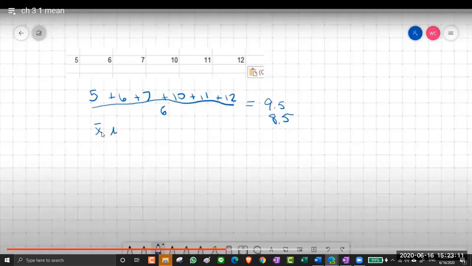We use the symbol X bar to stand for the mean, or we can also use this symbol, which is the Greek letter mu. It kind of looks like a U, and it kind of looks like an M, and it's pronounced mu.